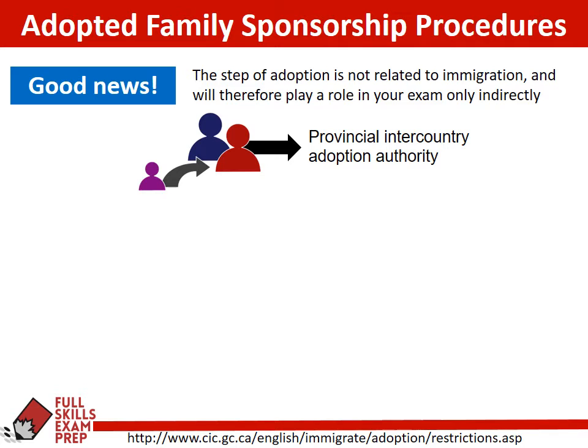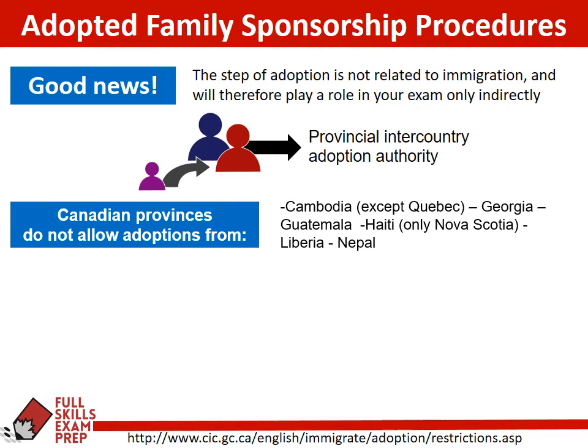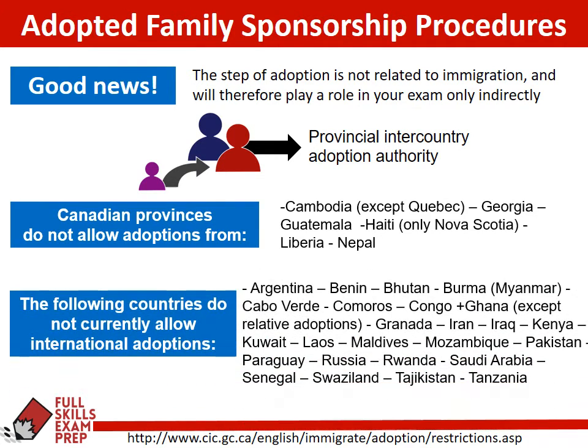Because remember that the person who wants to adopt is looking for a child on their own. They're dealing with the provincial authority on their own as well. And again, just for your general knowledge, there are some countries that Canadian provinces don't allow adoptions from, and there are some other countries in the world that don't allow adoptions.